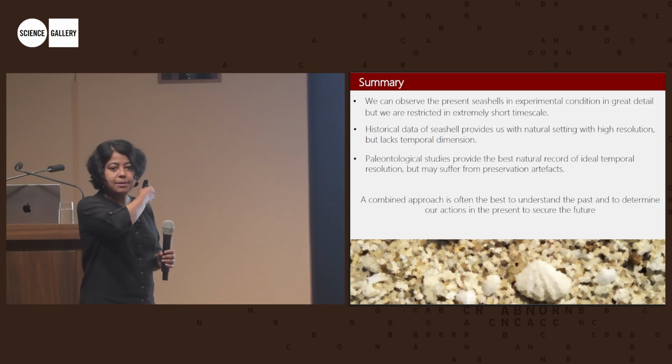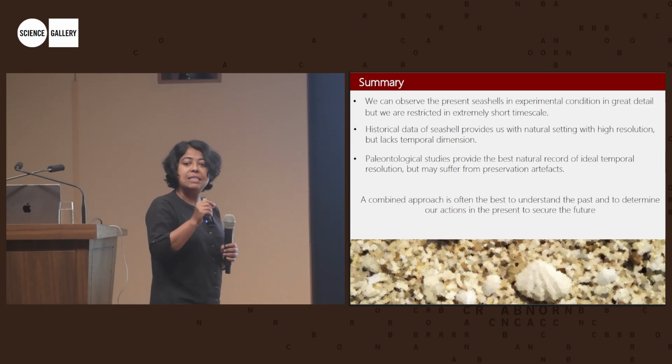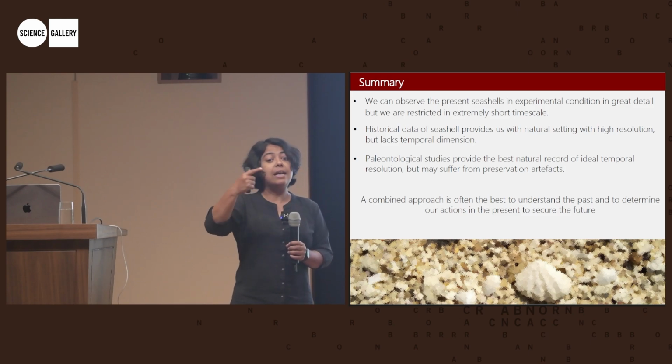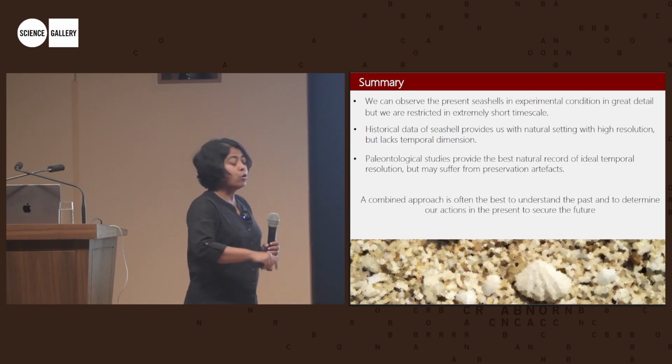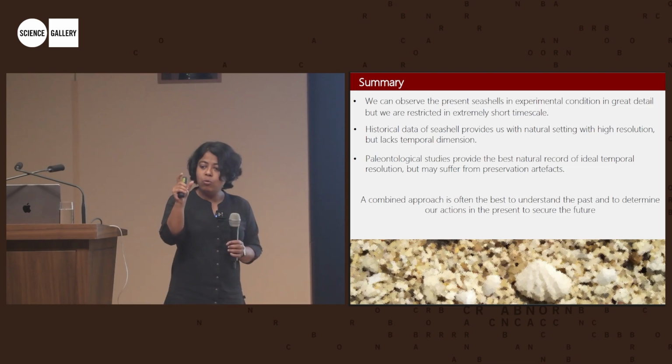For example, the stable isotopes and all these terms that I threw around are first studied on living seashells, changing the environment, changing the salinity, and seeing exactly how they respond. That is the biggest advantage. But the problem is you can only look at experiments on a short time scale.